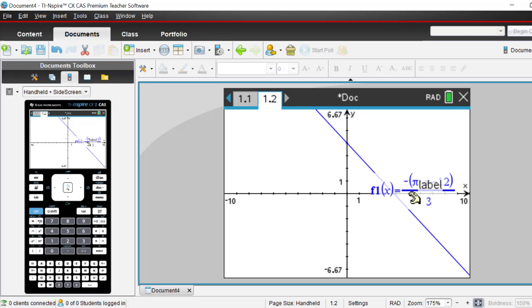Can you see that this little F1 of X is just like something as a function of X? What is a function of X? Y. So we know the calculator doesn't recognize Y in the graph screen. It recognizes F1 of X, because you can have many different functions in terms of X.